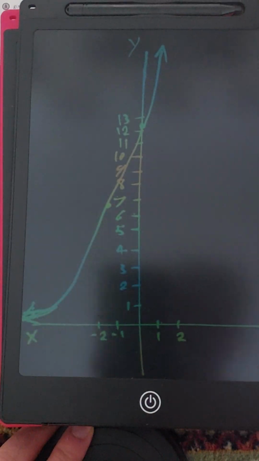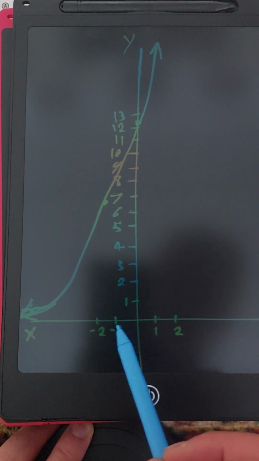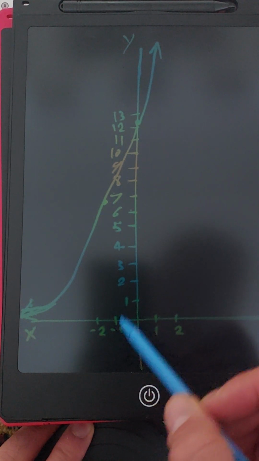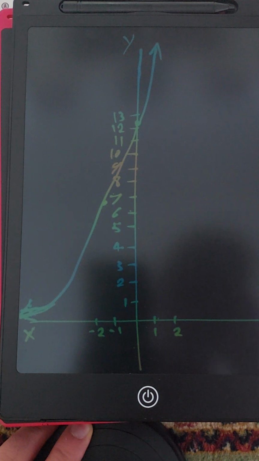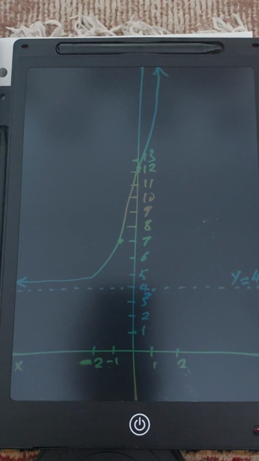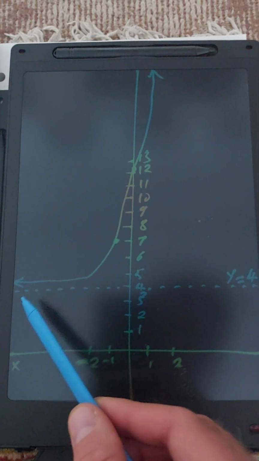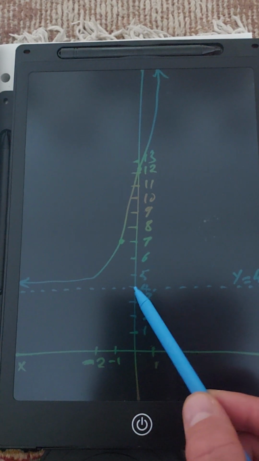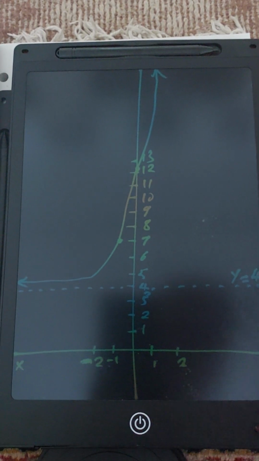By showing the graph, we have the first point, as we said; this is x and this is y, so it will be (minus 1, 7). We draw the asymptote, which is y equals 4. This is the dotted line showing y equals 4, and we have the x and y axes.